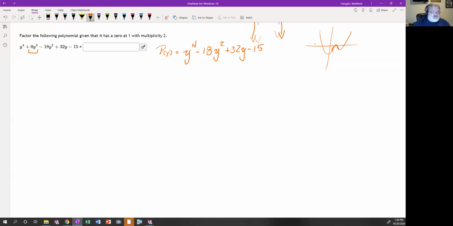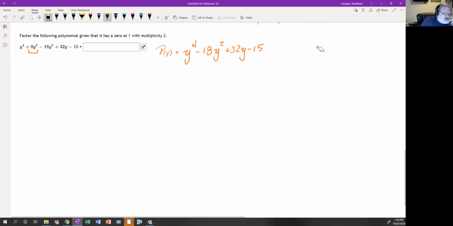But we could be given this problem with less information than here is the 0, here's its multiplicity, and don't forget that 0, right? So you'd want to be able to do this question without a lot of that. But we don't have to, because they told us that 1 has a multiplicity.